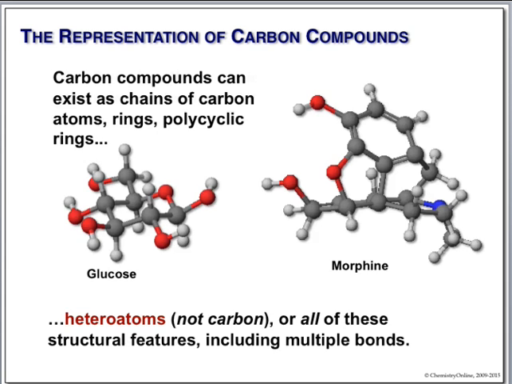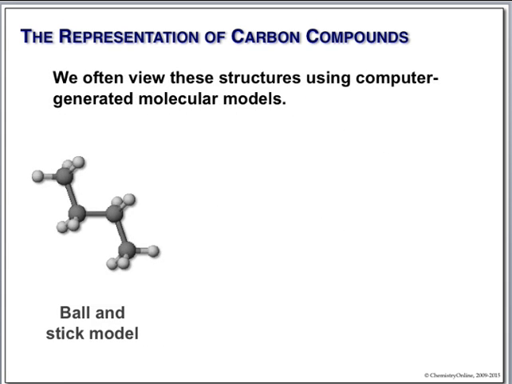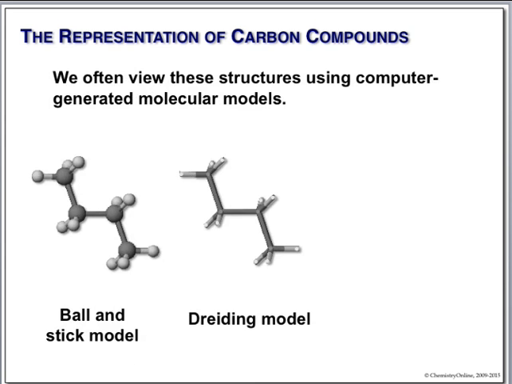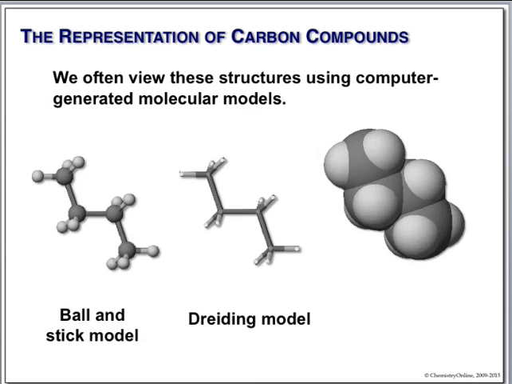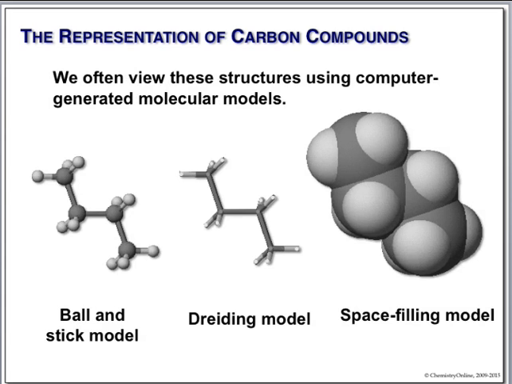Now I've represented these using a model. This is a ball and stick model because it looks like little balls and little sticks. This is called a drawing model. You can actually buy a model kit that looks a lot like this, where we just take the balls away and we just use our little sticks.